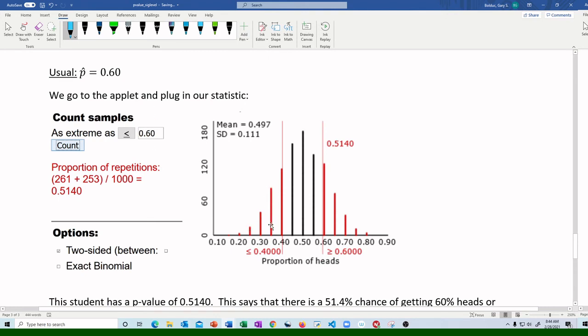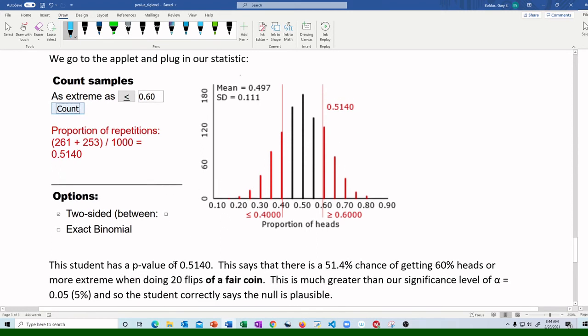It shades in all the samples that were as extreme as 0.6 or more extreme. So I see 0.6 and everything to the right, and then it just hops over the middle to 0.4. So I hop over to 0.4 and everything there, because this is two-sided. Okay, so my p-value is 0.514.